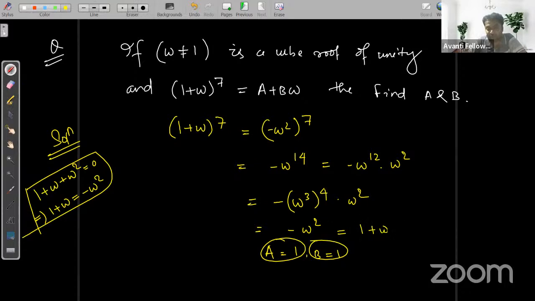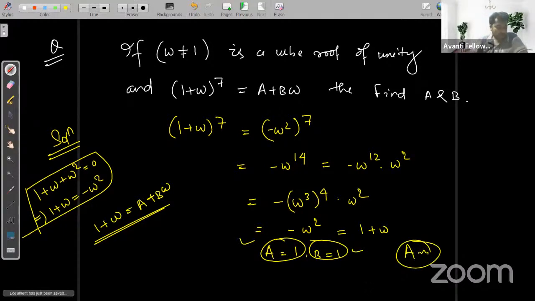So 1 plus omega is equal to a plus b omega. If you compare both sides, we get a is equal to 1 and b is equal to 1. Yes or no? Is it true or not?